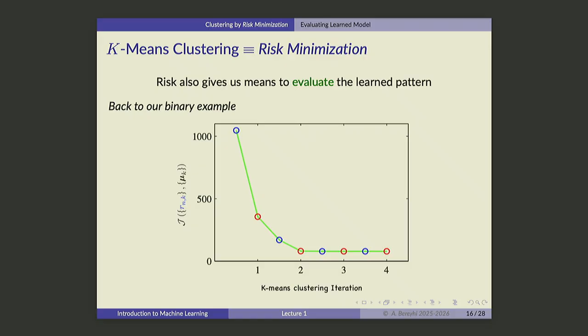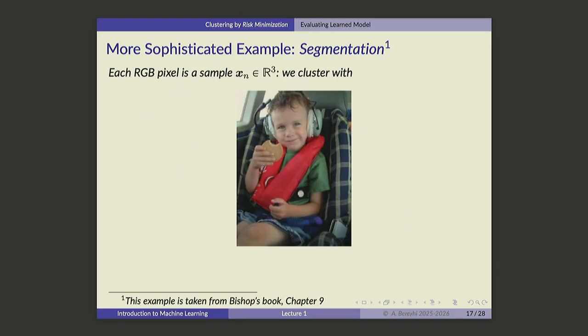Great. So now, let me give you one concrete example. This is going to make k-means clustering a bit more interesting to listen to. Look at this image, and I want to do a sort of clustering on it.